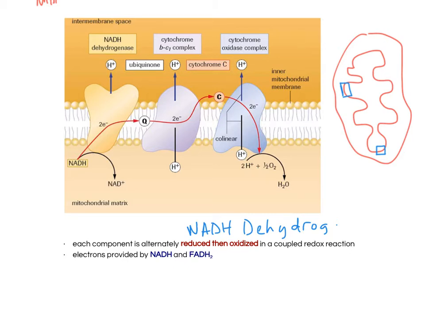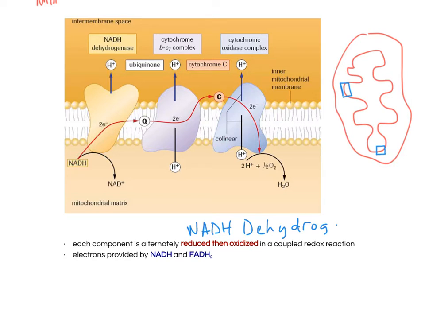When a molecule or an atom really wants an electron badly, it is likely to be unstable. So we have molecules or proteins here of increasing electronegativity, but also increasing instability.